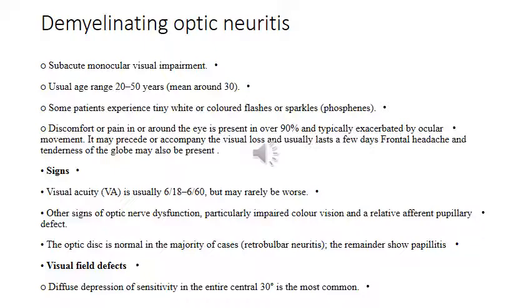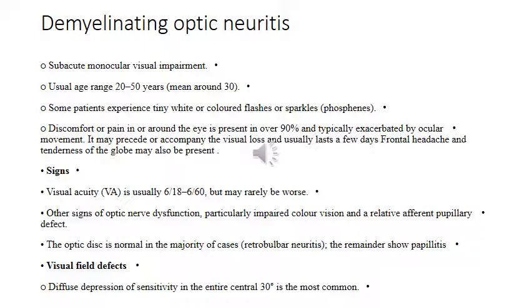I mean, visual acuity is usually in the range of 6/12, 6/18, 6/24, or 6/36. It might sometimes be very poor vision, but this is rare, usually in the good range. The age ranges from 20 to 50, so it's mainly around 30. It's more common in females.